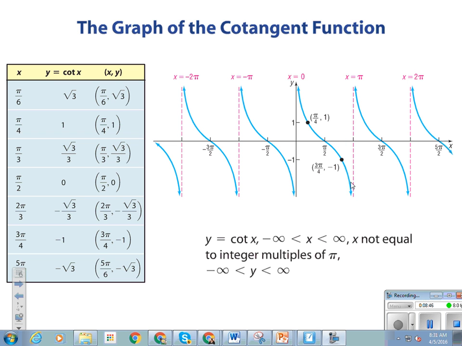Those are the marking points that keep us square. We can input all x values as long as we don't have integer multiples of pi, and our output is all values between negative infinity and positive infinity. So that represents our domain and range.